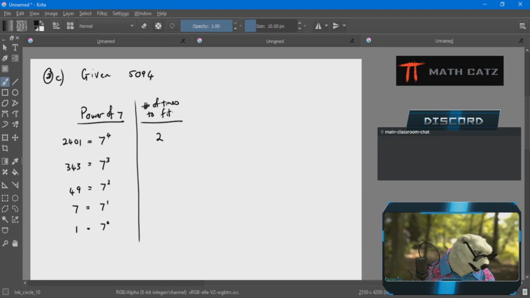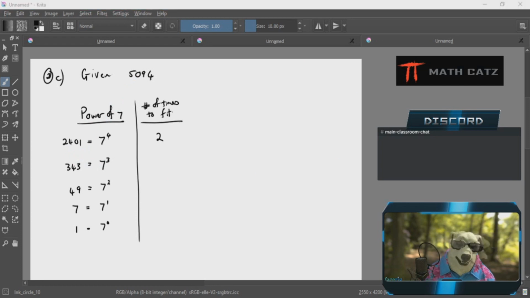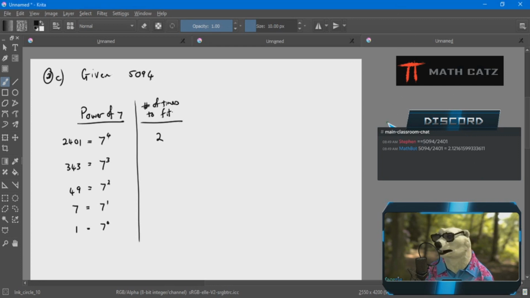Let me show it. It's our first example. There could be someone that needs to see all the detail, and that's why we're here. 5094 divided by 2401. And I get 2 and a little bit. I don't care about the little bit. I want to know how many whole times can this power of 7 fit. So 2.